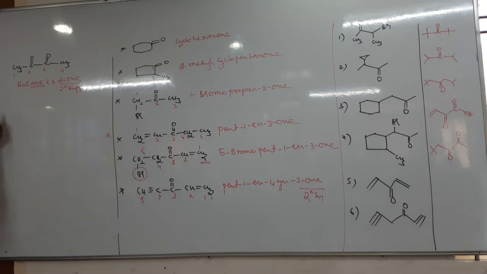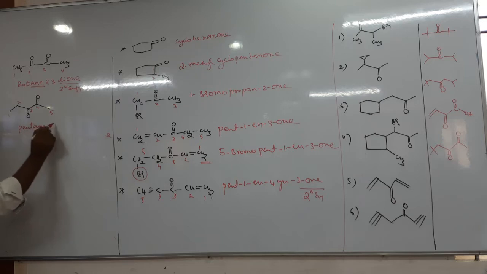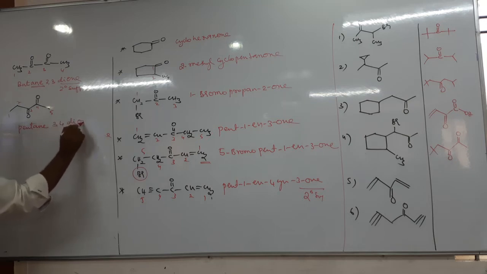Next. Tell me. It is 1, 2, 3, 1, 2, 3. Numbering is the same from both sides. It is pentane 2, pentane 3, 4 dione.